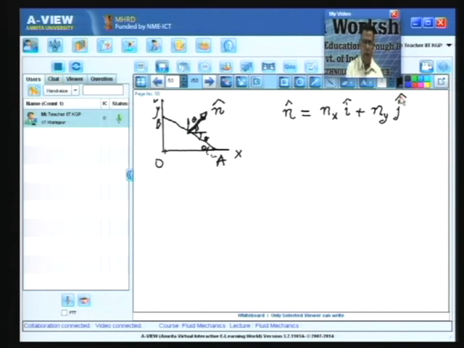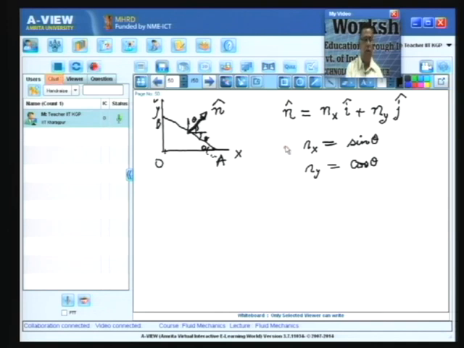Now, I can see that n_x is this, which is sin theta, and n_y is cos theta. The magnitude of this vector n is 1, because it is a unit vector.